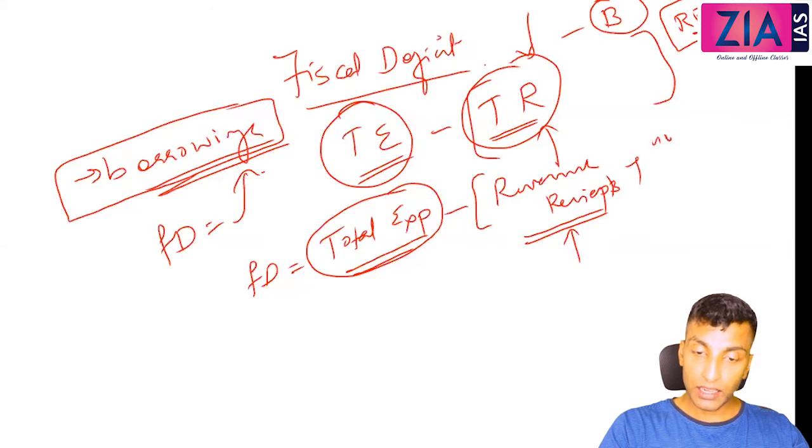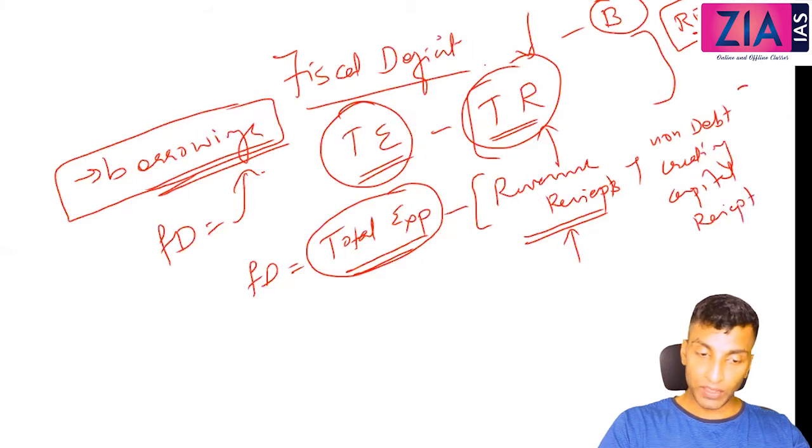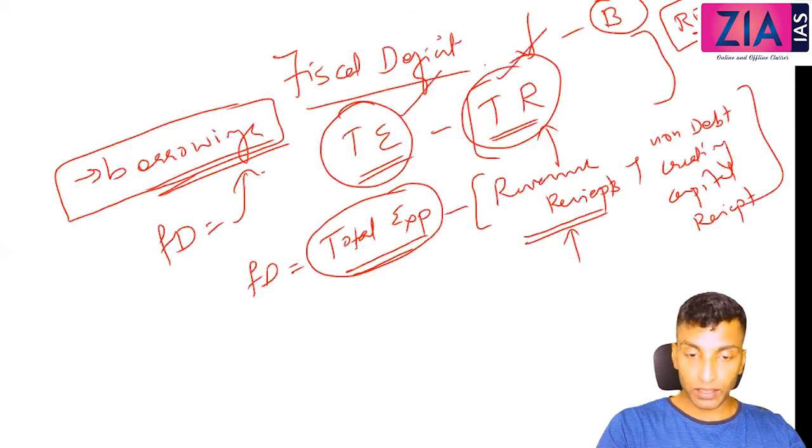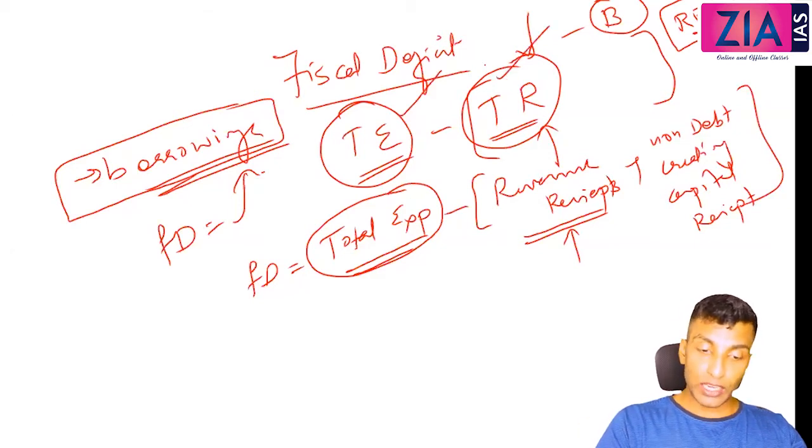So just write here non-debt creating capital receipt. Do you understand what I mean by this? See, in simple terms, fiscal deficit means total expenditure minus total receipts excluding the borrowing part, right? Total expenditure is exactly what I've written.